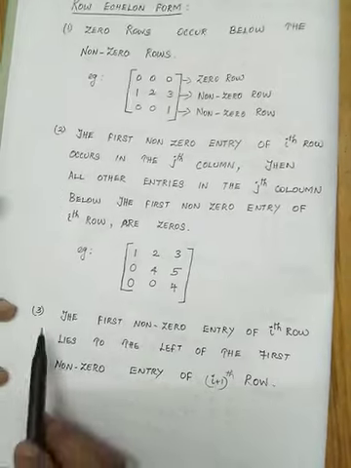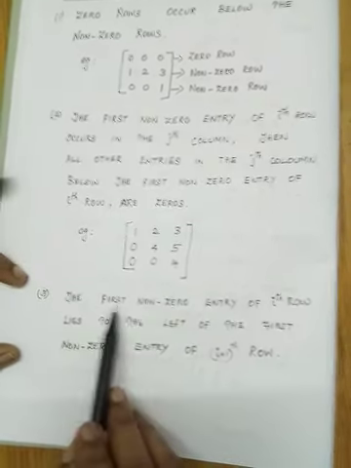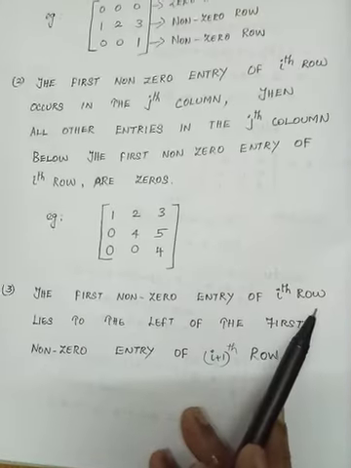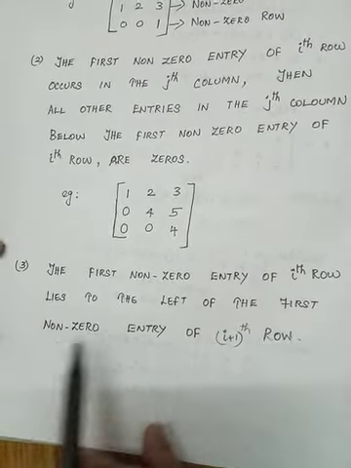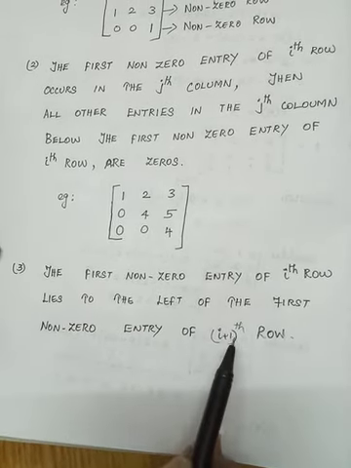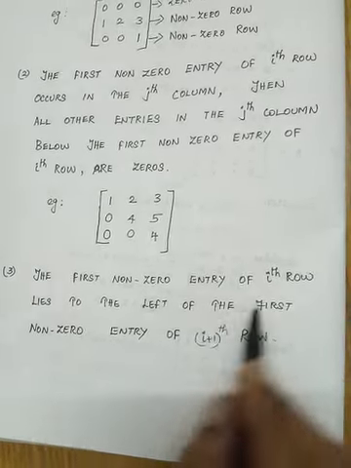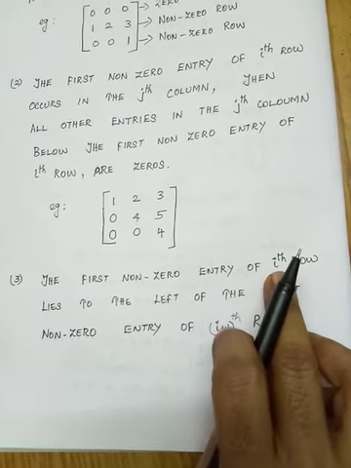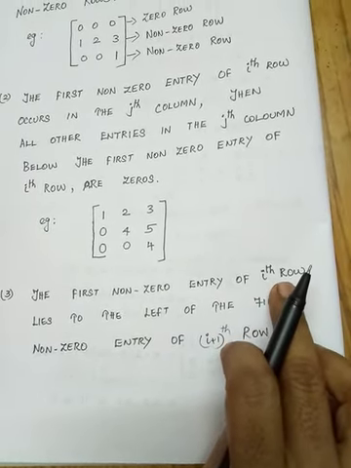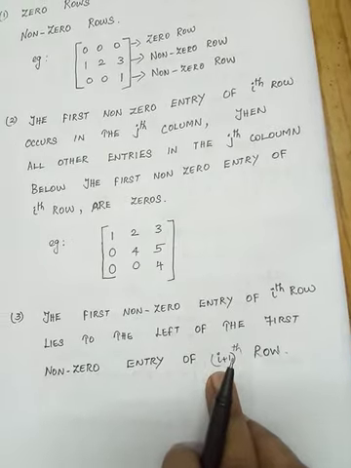So what is the third property? The first non-zero entry of the ith row lies to the left of the first non-zero entry of the (i plus 1)th row. Look at this, the ith row and the (i plus 1)th row. If i is equal to 1, it is the first row, and the (i plus 1)th row is the second row.